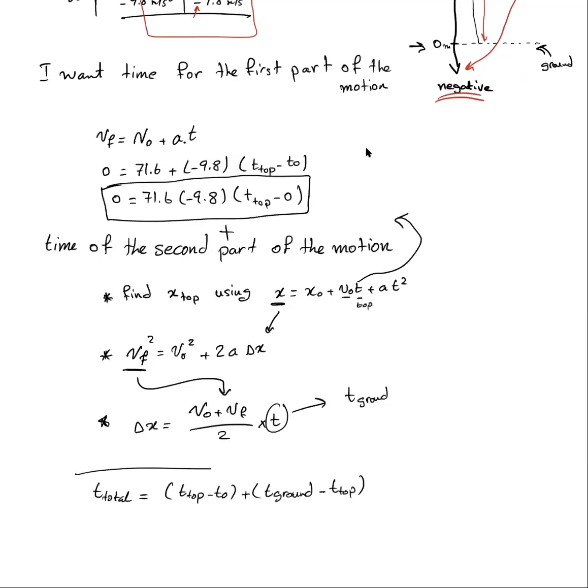That will give us the time for the entire motion. This is a more complicated problem. It has a lot of steps, but as long as you follow this outline, it will be okay. So this is the t that we're looking for. After we calculate it, it could be substituted here.